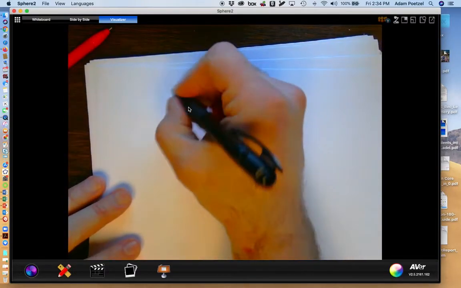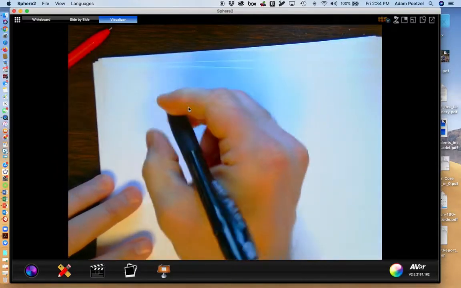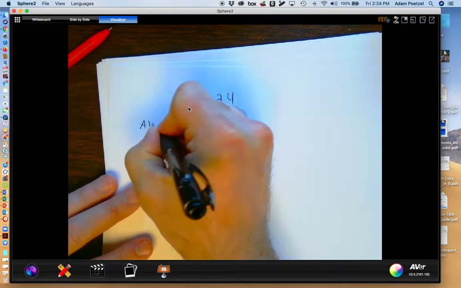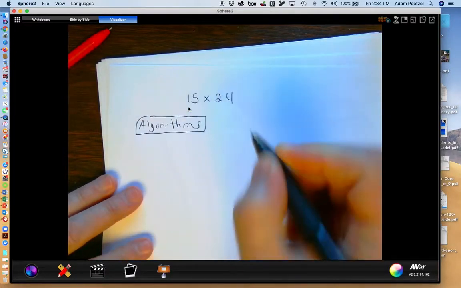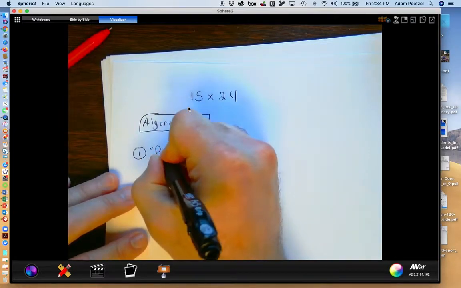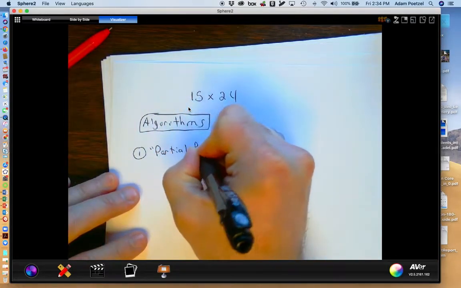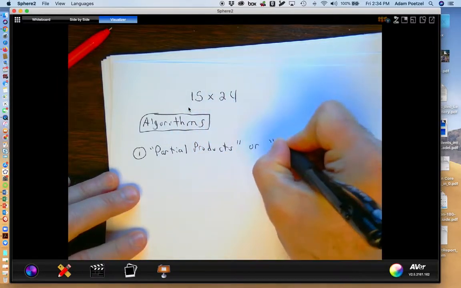We're going to look at 15 times 24, and we're going to be looking at algorithms to be able to do that. So let's start with the first one, and we're going to call it partial products, or a box method.